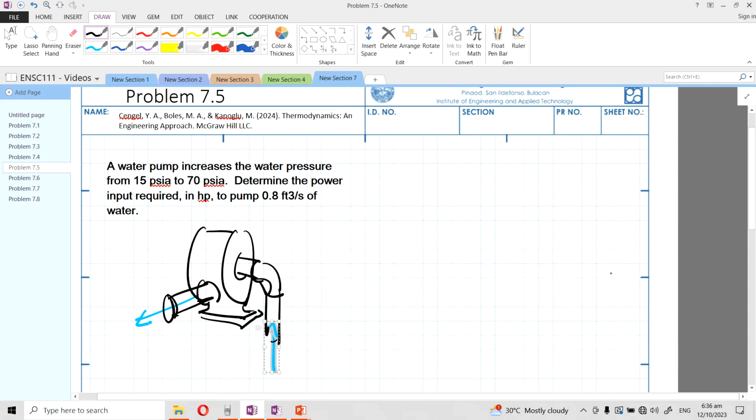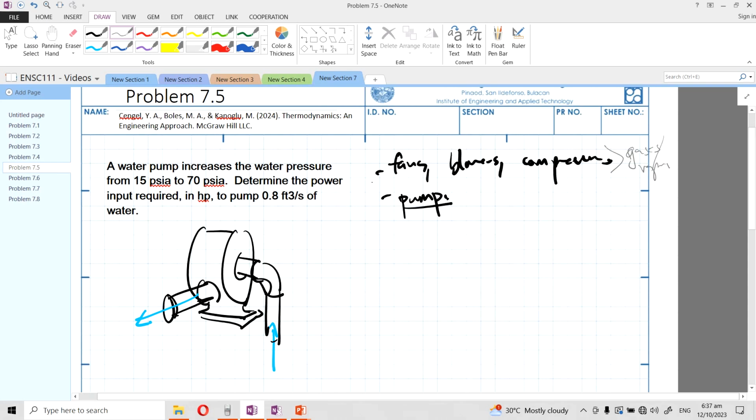Also, in the previous video I mentioned that fans, blowers and compressors are actually fluid moving devices. So this also includes pumps. Pumps are also fluid machines, which means they transport fluids. But in the study of fluids, usually fans, blowers, and compressors are used for gases or vapors or air.